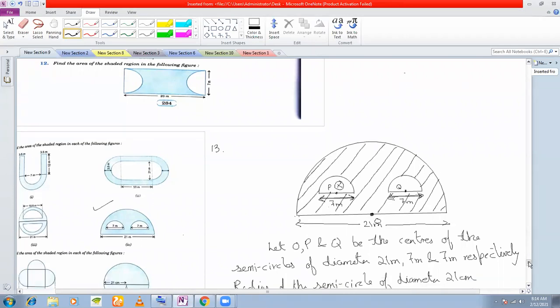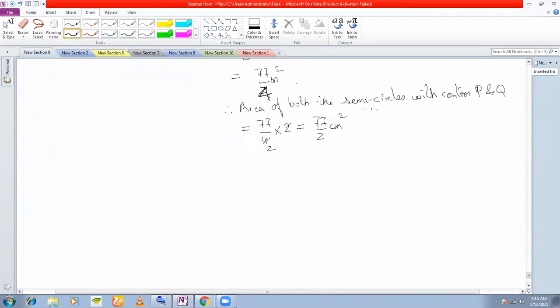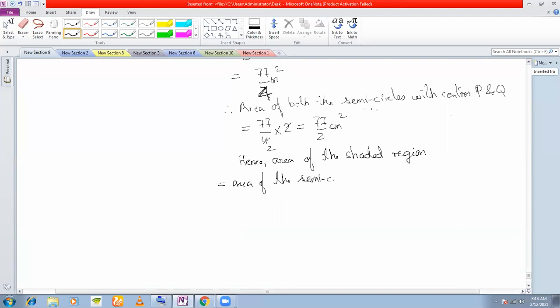So we'll write here: Hence, area of the shaded region is equal to area of the semicircle with center O, the largest semicircle, minus area of both the semicircles with centers P and Q.